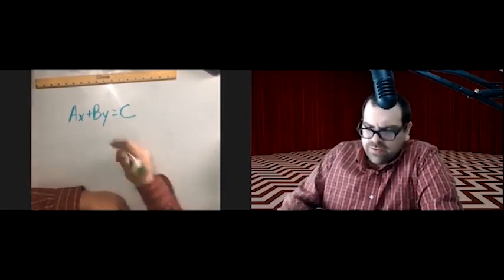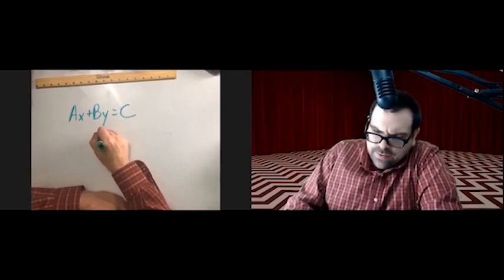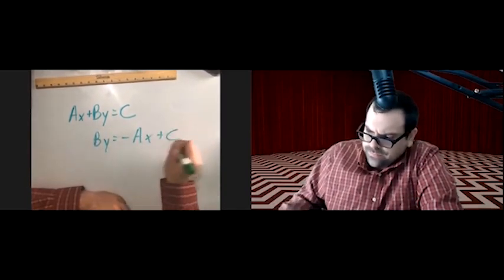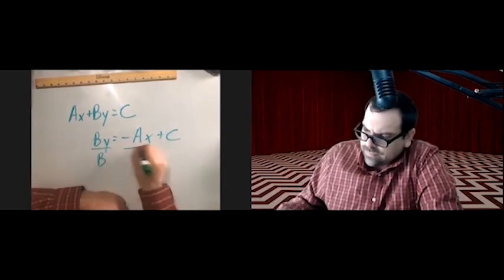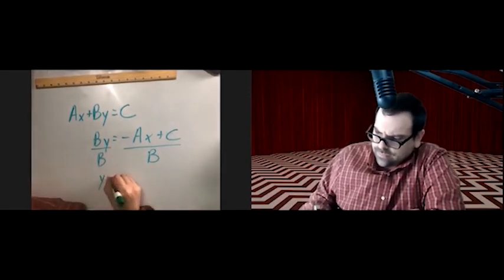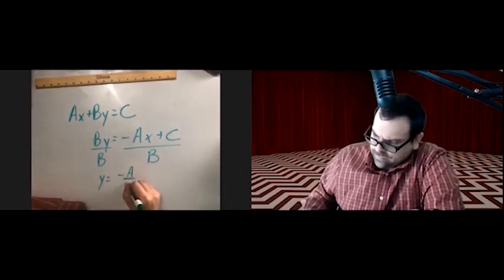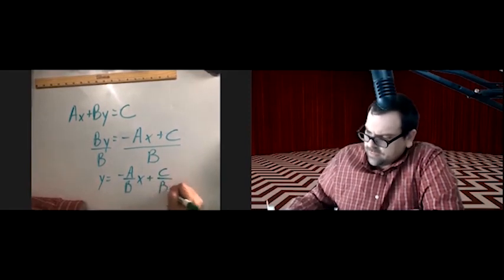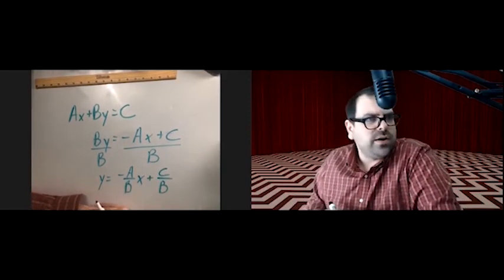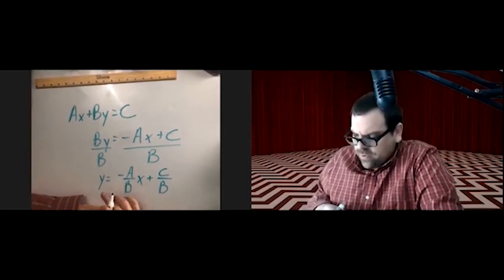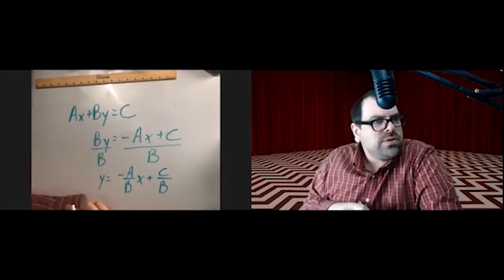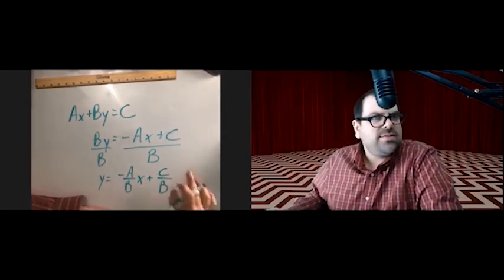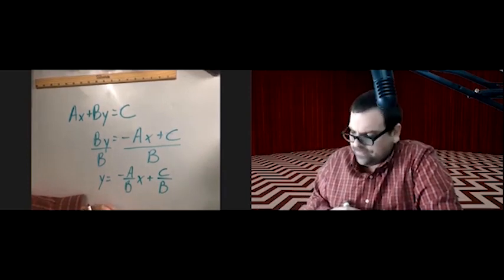But if we solve it for Y, remember, we did that with real numbers in there earlier. We got this form that's Y equals, has an X term and has a constant term.